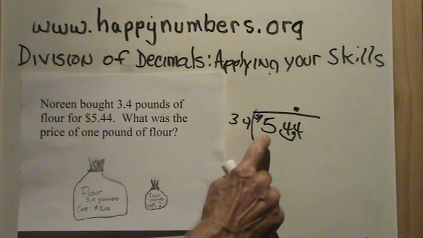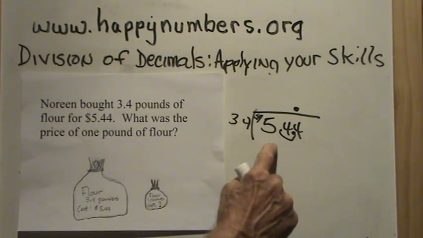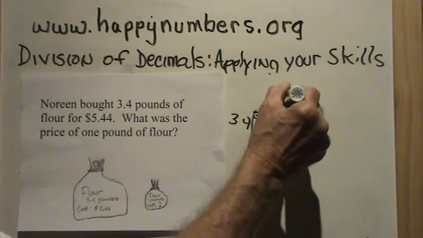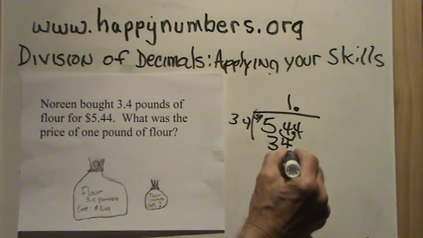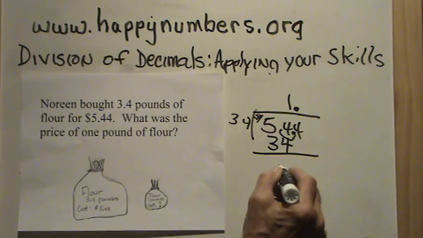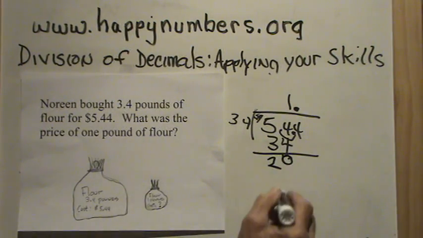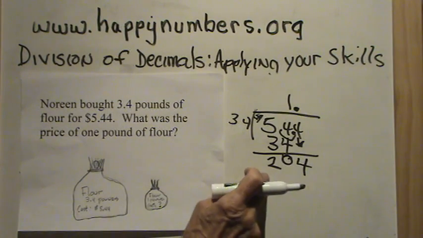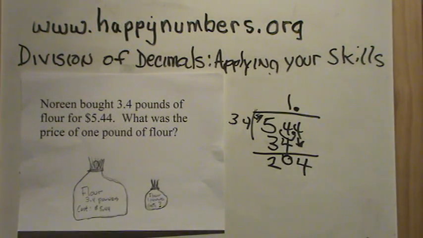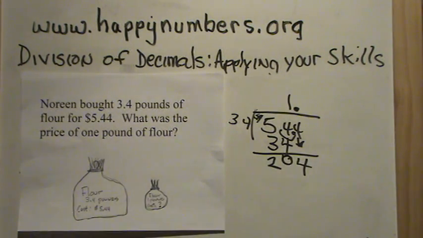So 34 cannot go into 5. It's way too big. But 34 can go into 54. It'll go one time. 1 times 34 is 34. If I subtract, I get 0, and I get 2, and I bring down the 4, and I have 204. Now I've got to figure out how many times does 34 go into 204.